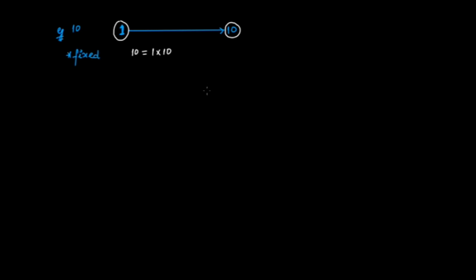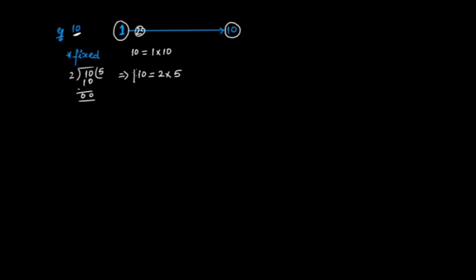Now you have to find the other factors. So the way would be to start from 1 and keep on dividing this particular number for which you have to find the factors by every number. So if you divide this number 10 by 2, the next number would be 2 here, you would get 5 here, and this would be 10, and therefore remainder 0, and therefore you could write it as 2, that is divisor into quotient.